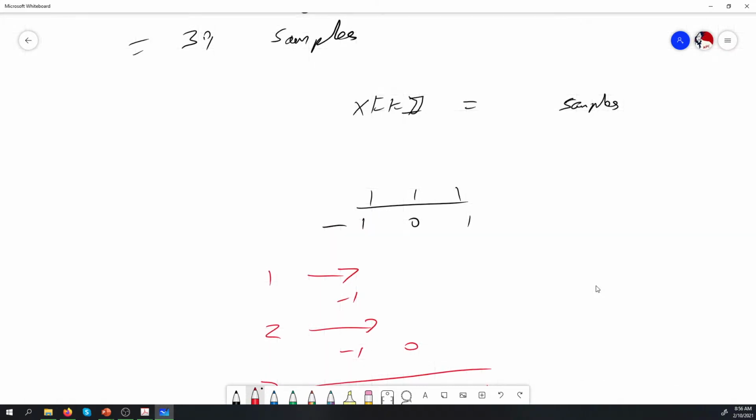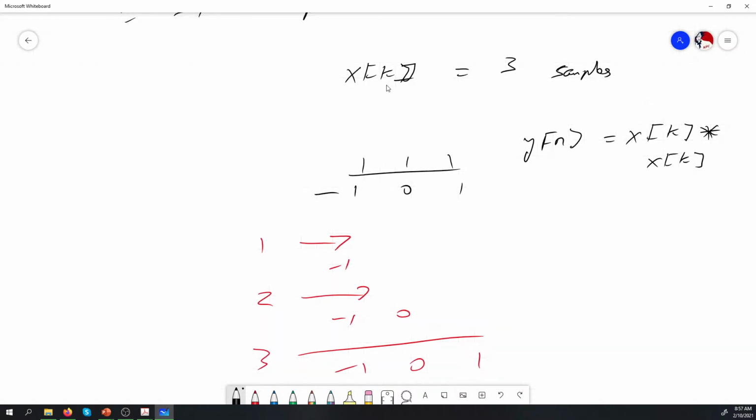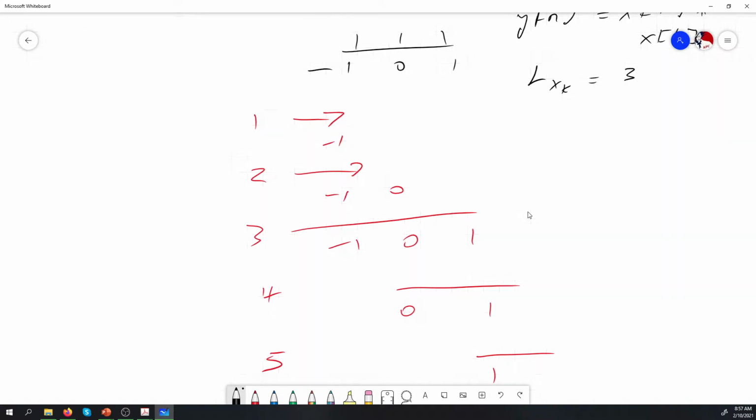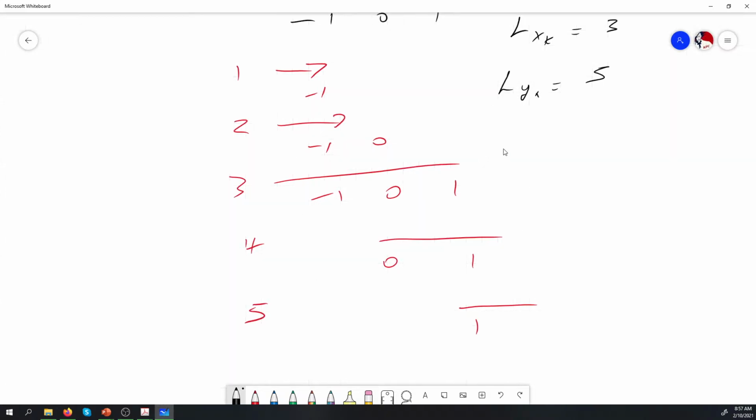So this here being 3 samples, when we formulate the length of y of n being the convolution of x of k here by itself, we see here that the length of x of k, so L x of k was basically 3 samples, and L y of n here was basically 5, because we had 5 overlaps here in particular.